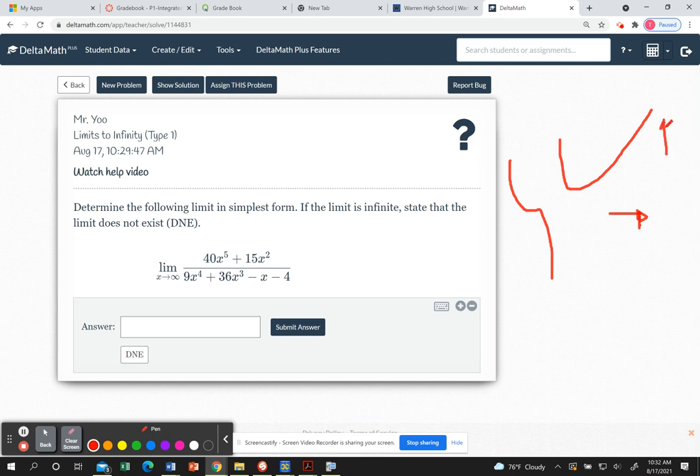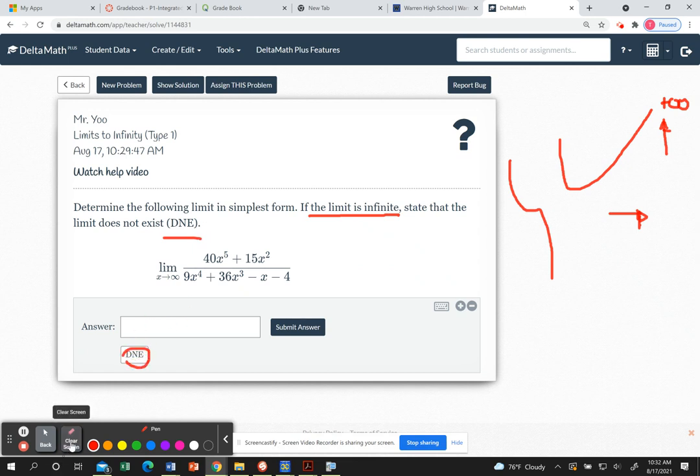It goes up, doesn't it? As you go to the right, it's going up higher and higher. So it is to positive infinity, isn't it? So what does it say? If your limit is infinity, then it does not exist right here.